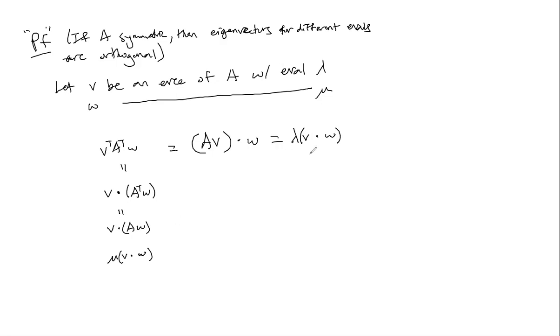So these two are equal, and this implies that mu must equal lambda, unless V dot W equals 0. But if we assume that mu and lambda are not equal from the beginning, then that case is precluded, and so you get that the eigenvectors are orthogonal.